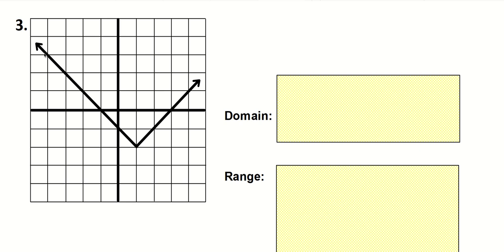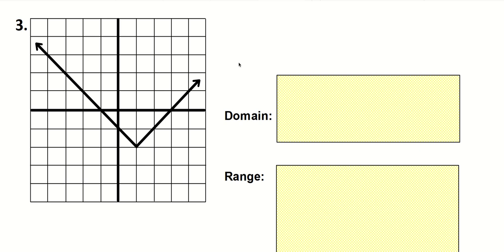I'll say this now. Part of your learning curve, or part of your handicap maybe here, your challenge, is that you probably don't have a whole heck of a lot of experience with a lot of different kinds of graphs. Kind of knowing how they're going to behave, right?